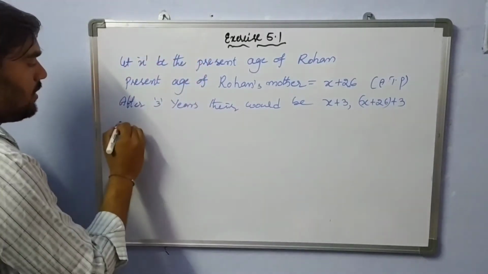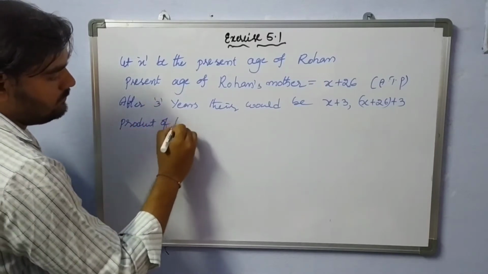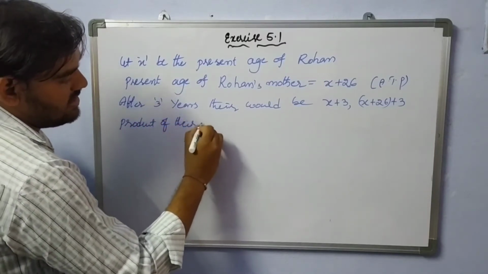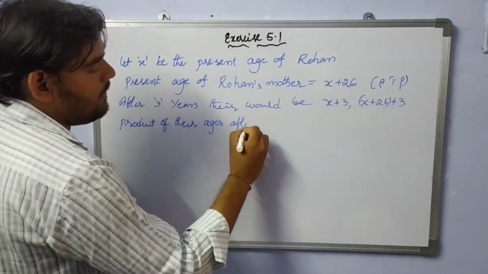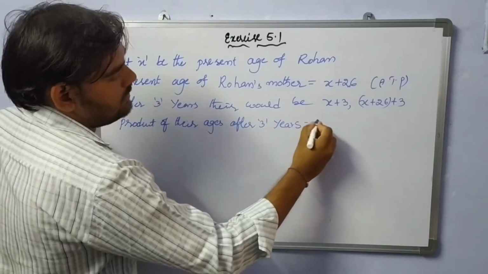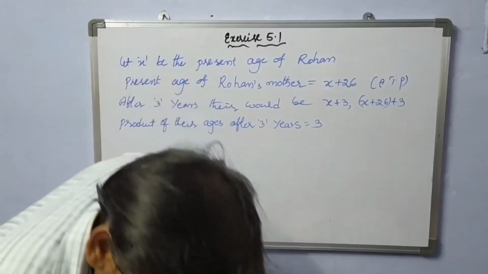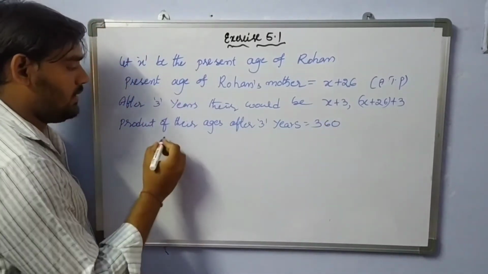So in this, the product of their ages after 3 years is equal to 360.